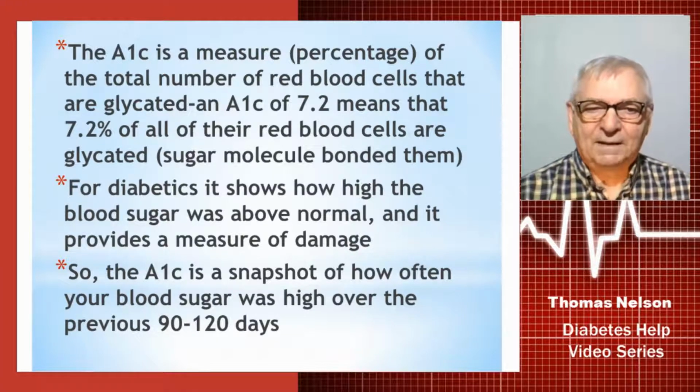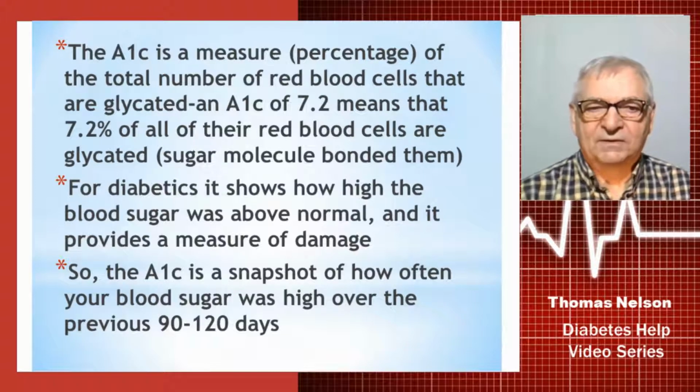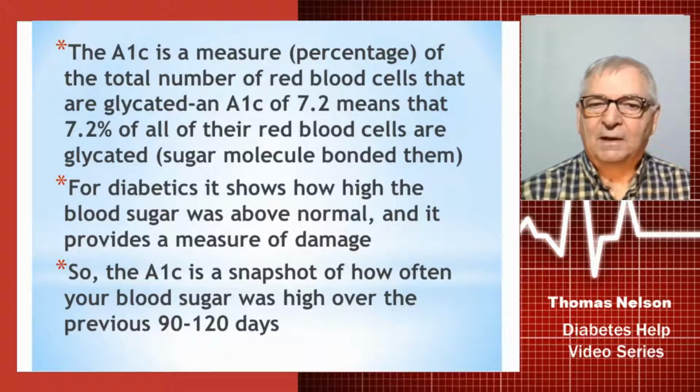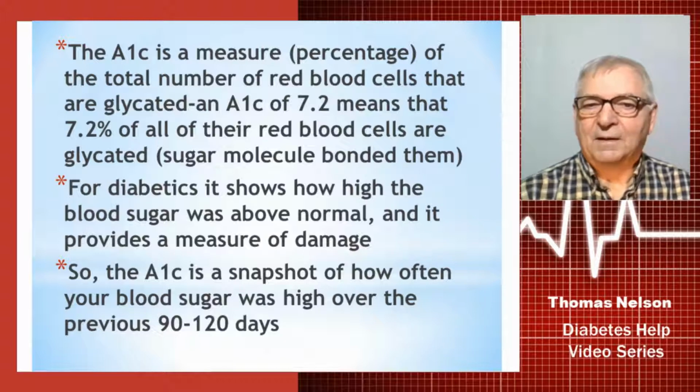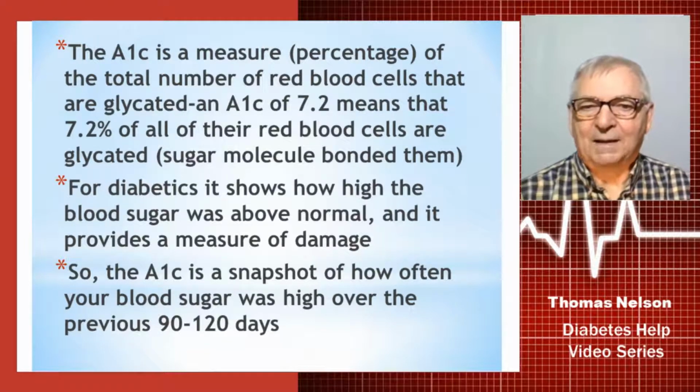So for a diabetic, it's going to give the doctor a measure of how high your blood sugar averaged above normal over the last 90 to 120 days. And from that, he can predict how much damage may have occurred to your liver, your kidneys, and all of the other organs of your body.